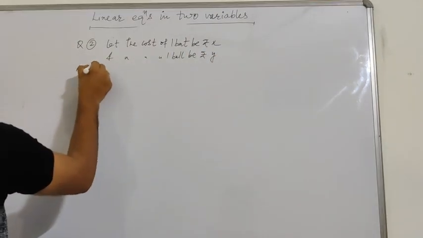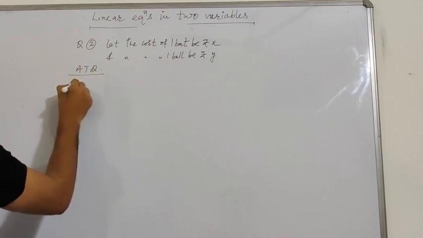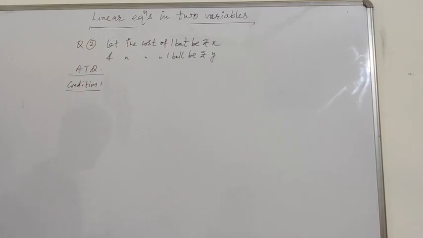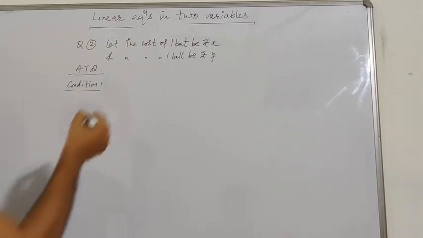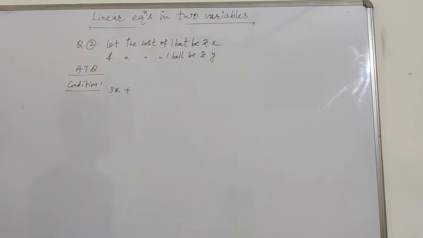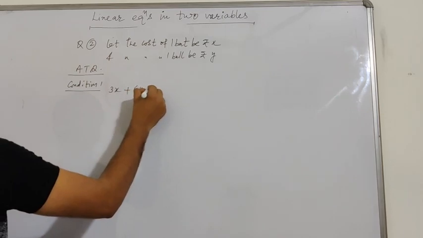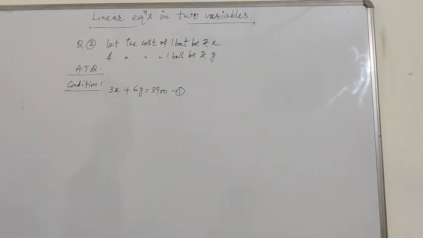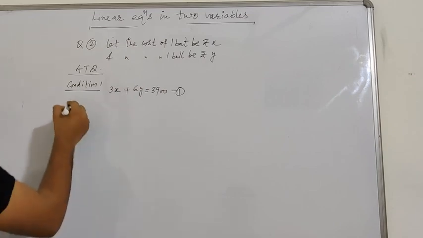Now move according to the question. Condition 1. Cost of 3 bats. It means one bat is x, 3 bats cost 3x, 6 balls 6y is equal to 3900. First equation.